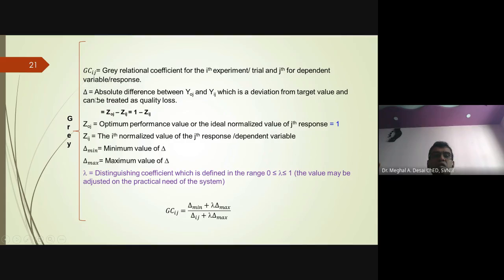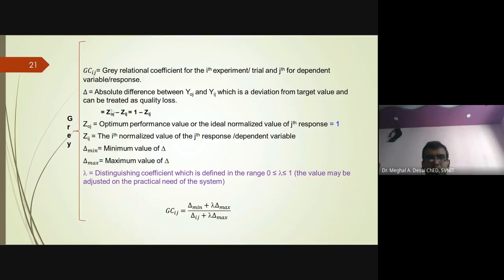So as I told you, delta is the difference that we are going to find from the normalized value. So always the equation is Z optimum minus Z. Please remember, always the optimum value will be 1, since we are converting first the information to signal to noise ratio, and from signal to noise ratio we are finding normalized value.